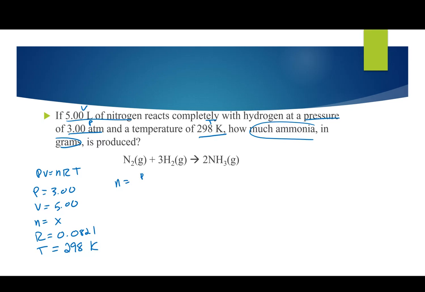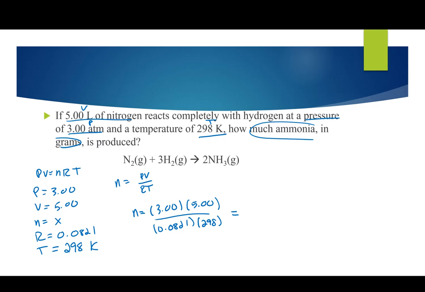So n is PV over RT. So n is 3 times 5 over 0.0821 times 298.